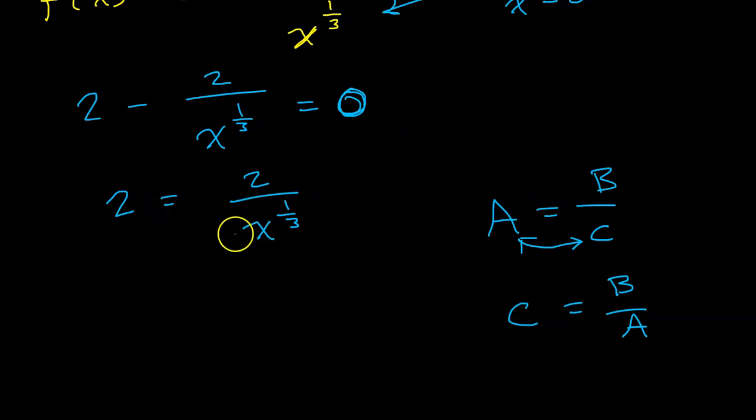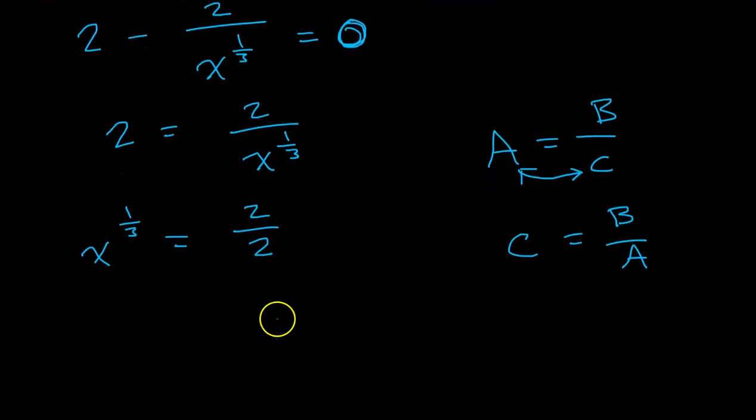As a shortcut, I'm going to swap these two quantities. So I'm going to have x to the 1/3 power over here by itself, and then I'm going to wind up with 2 over 2 because this 2 will end up in the denominator. So that means we have x to the 1/3 power is equal to 1.